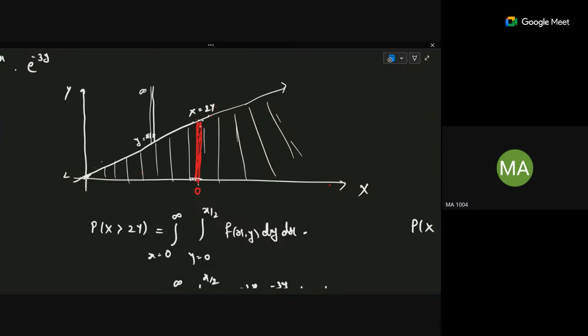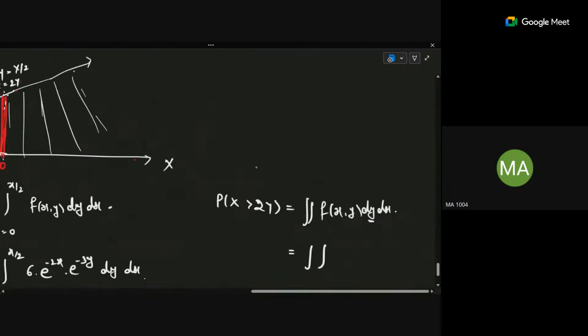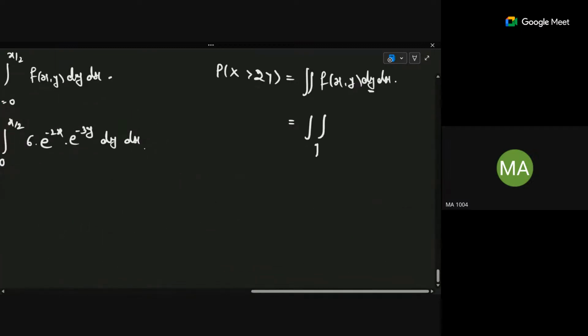So if your strip is here, then y is equal to x by 2. Now we move this strip from here to here or anywhere, the value of y will be x by 2. So whatever the value x is going to take, y will take accordingly. In this way, I decided the limit for y is 0 to x by 2.